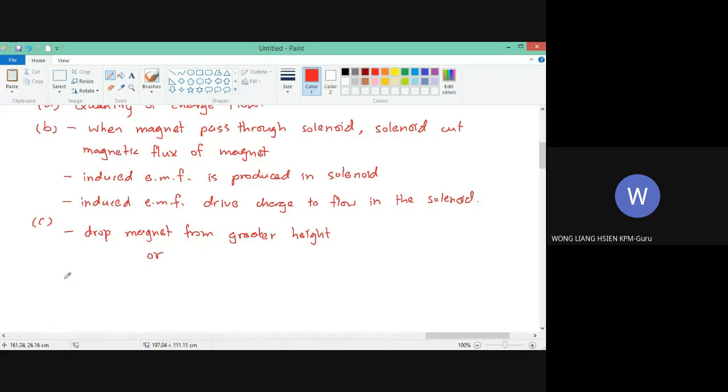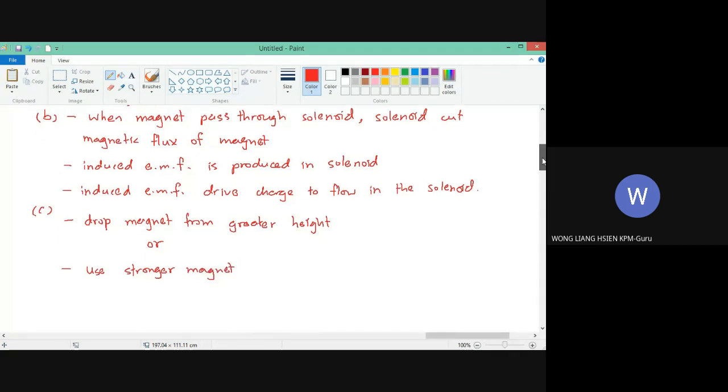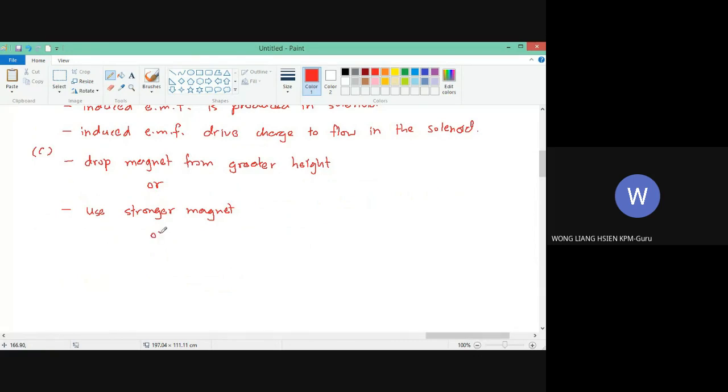Or we can say that we use stronger magnet, or we can say that we increase number of coil of solenoid, like that.